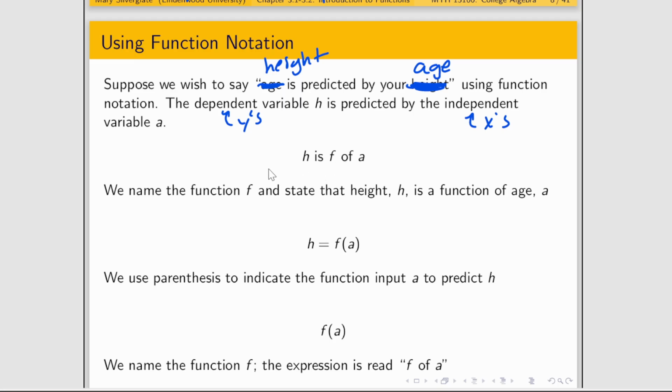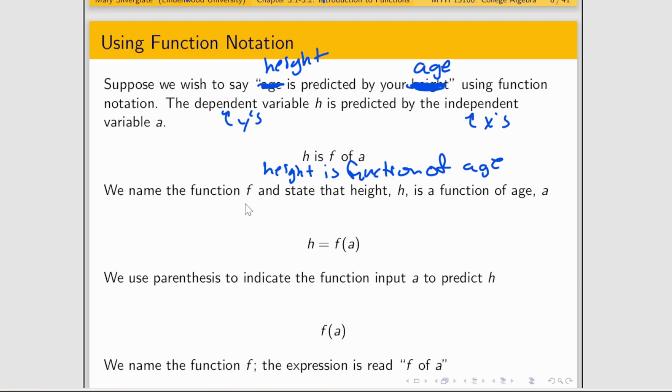So here h, height, is a function of age. We name the function f. You can name it whatever you want. Any sort of variable works. I would encourage you not to label it either an x or a y because that gets super confusing really quickly. But people use g's, h's, m's, n's, whatever you want.